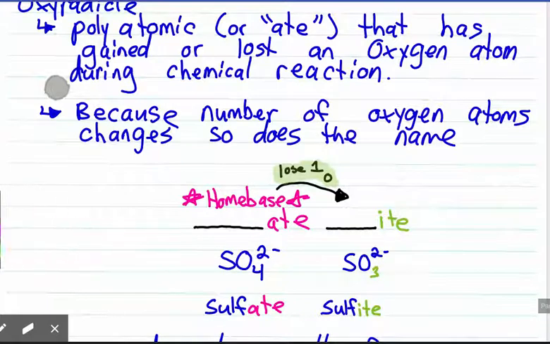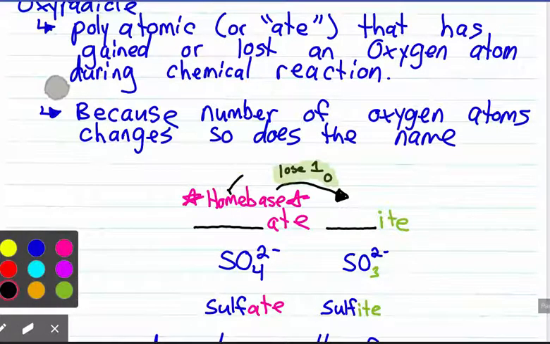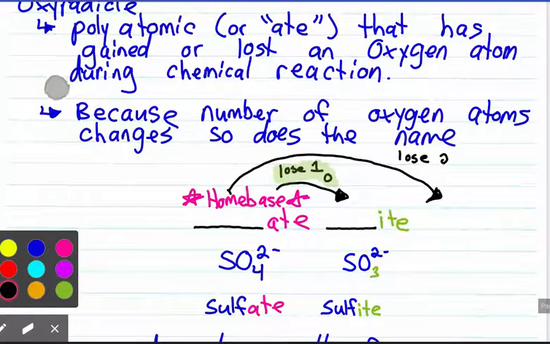Now, if we go back to our home base, our -ate, and we lose a second oxygen, so this time we lose 2 oxygen atoms.